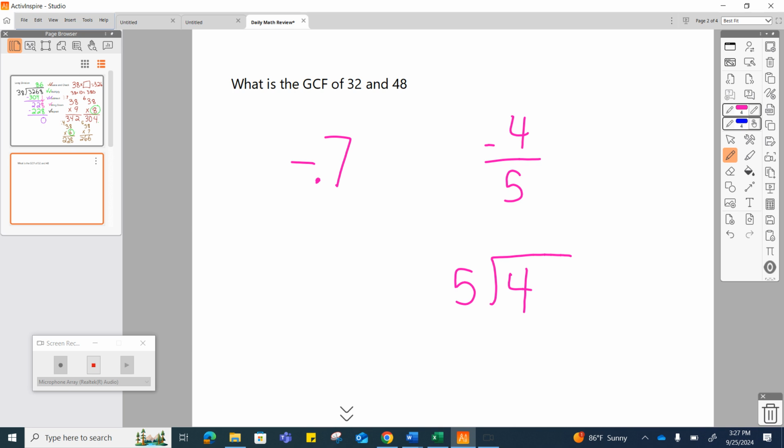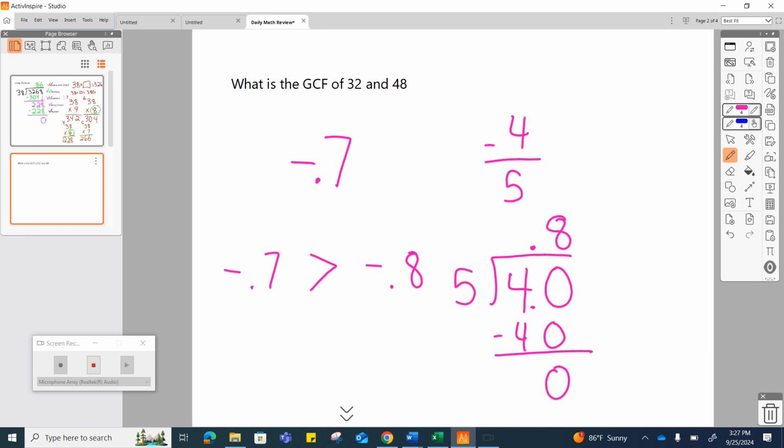So I need to place a decimal point and add a 0. 5 will go into 40 8 times. 8 times 5 is 40. Subtract, 0. I don't need to bring anything down. Once again, if I have negative 0.7 and negative 0.8, or negative 7/10 and negative 8/10, negative 7/10 is greater because it is closer to 0. Okay?